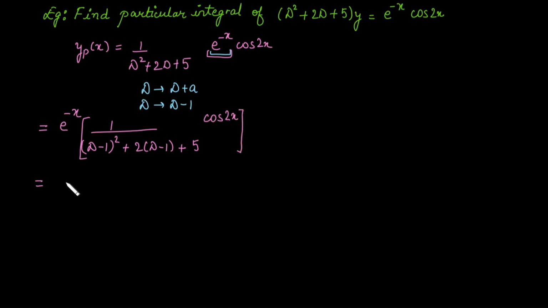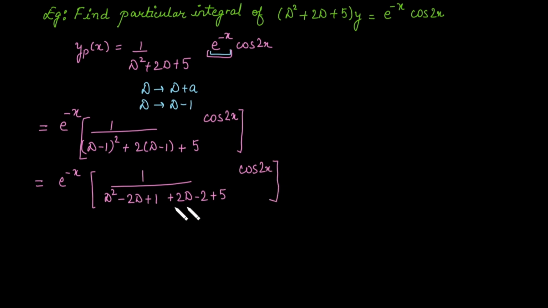This is equal to e raised to power minus x. The denominator term is now D square minus 2D plus 1 plus 2D minus 2 plus 5, cos of 2x. Simplify this. So minus 2D plus 2D will be cancelled out.